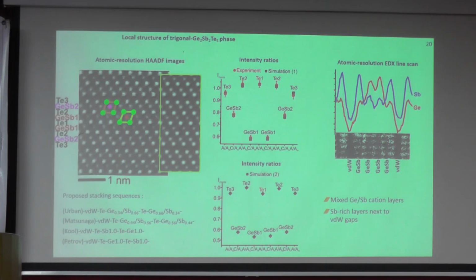This shows that the cation layers here are also mixed layers, so there are no pure layers in this structure. So all structures are highly disordered on the cation sublattice, and they are highly distorted.